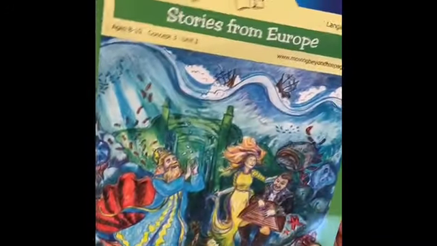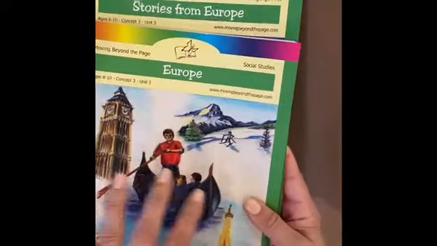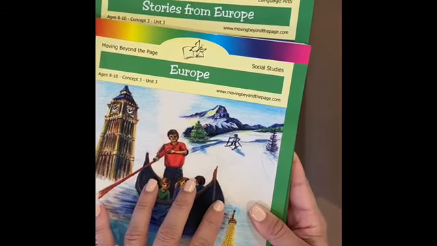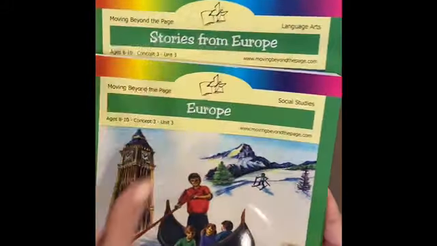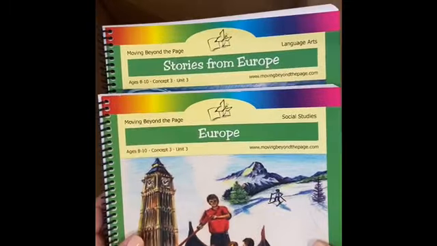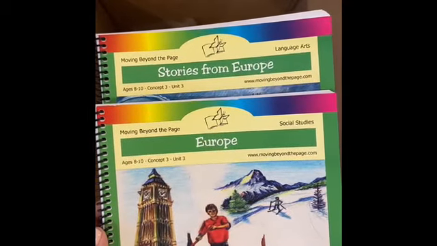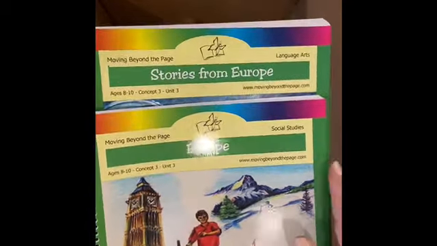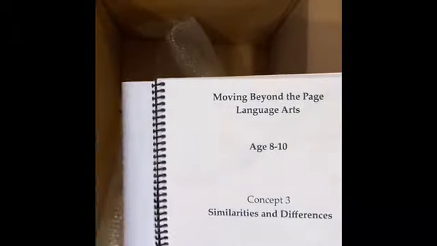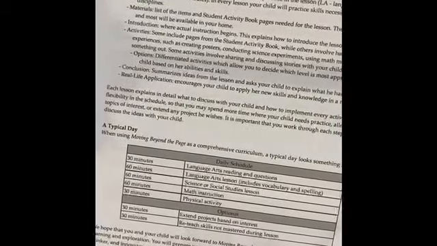So as you can see, Europe is the social studies curriculum, and Stories from Europe is the language arts curriculum. This is an interdisciplinary approach, so you will be doing these two things, I think, simultaneously. And so this is probably the Snow Queen and that other Russian route that we saw. And here's an example of the schedule.